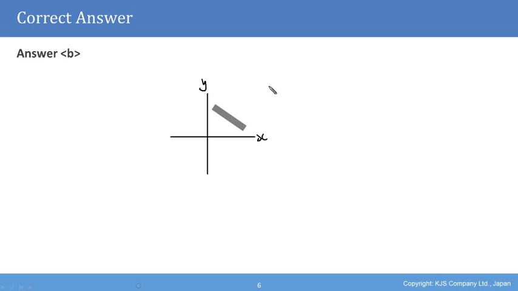And so this is an example of negative correlation. This was the B answer, and so this was the graph which is the correct answer, the one most likely to be the negative correlation graph. So that is the correct answer.